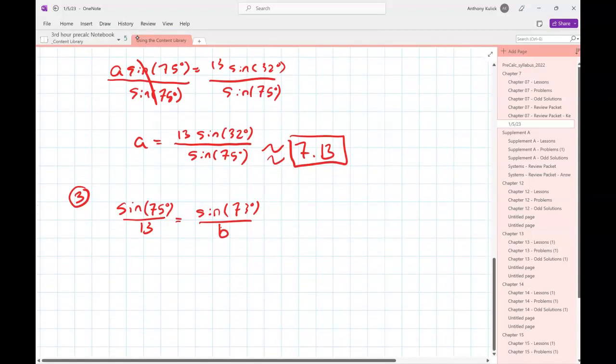Everybody's cool? And to solve, exact same process as the previous one, right? We'll cross multiply.